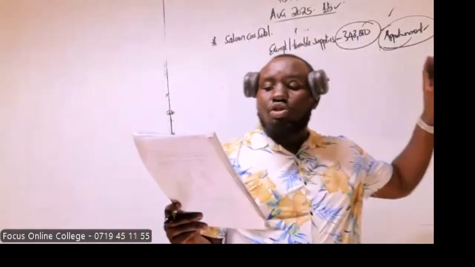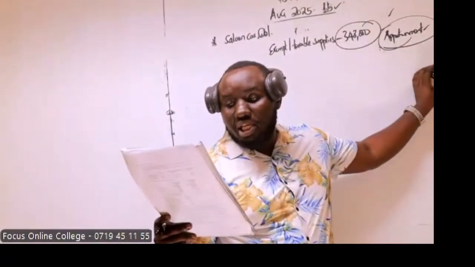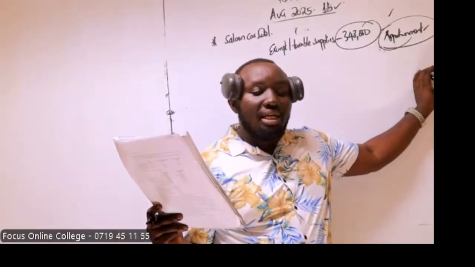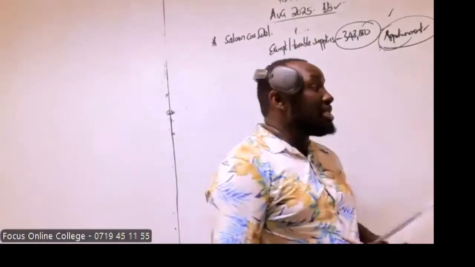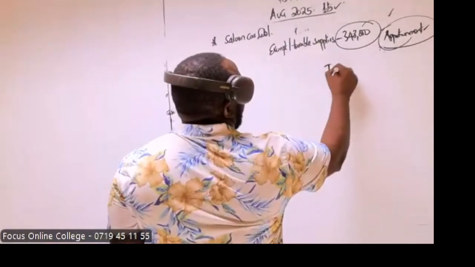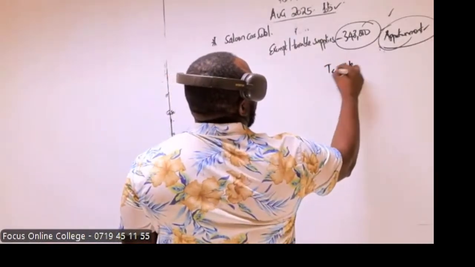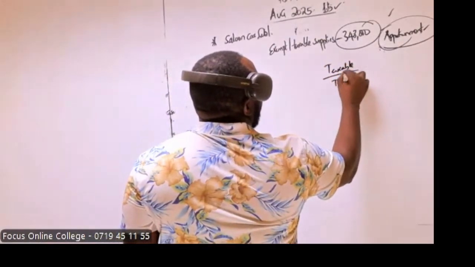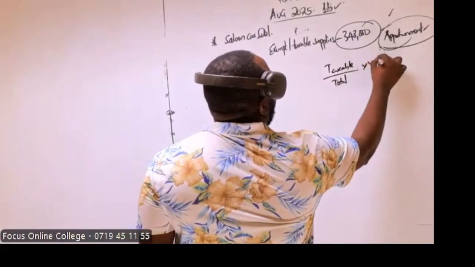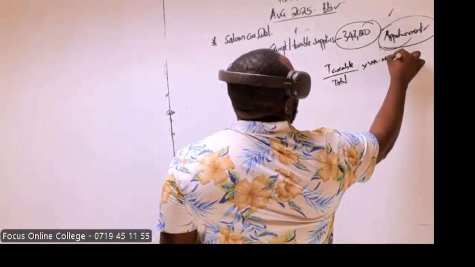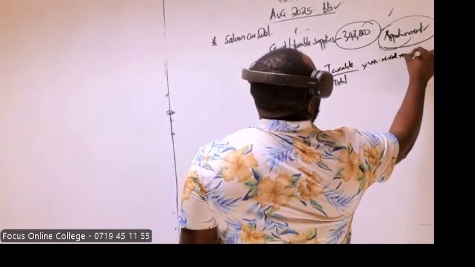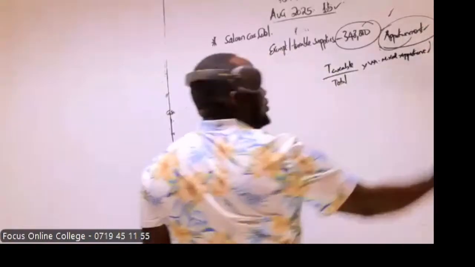A company uses turnover-based apportionment for the input VAT on the mixed. So what are we going to say? We are basically saying the turnover that is taxable supplies over total supplies times the VAT on mixed apportionment.